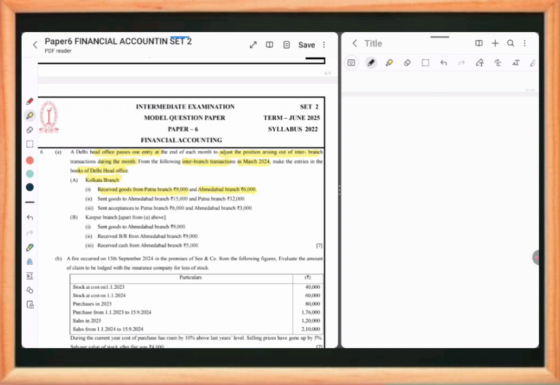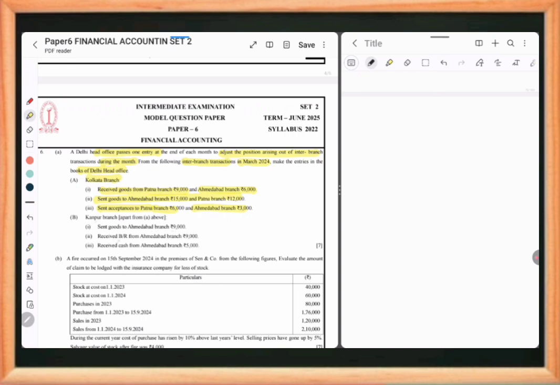Then goods sent to Ahmedabad branch 15,000. Here Kolkata branch is the giver, and the receivers are Ahmedabad branch and Patna branch. Then bills payable acceptance sent: receiver is Patna branch, receiver is Ahmedabad branch, giver is Kolkata branch. The Kanpur branch sends goods to Ahmedabad branch; here Ahmedabad branch is the receiver, giver is Kanpur branch.